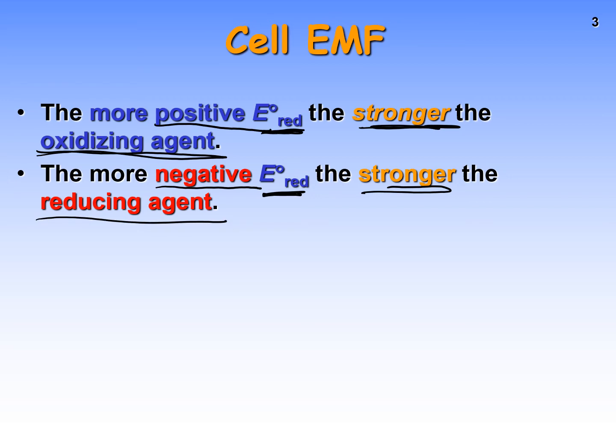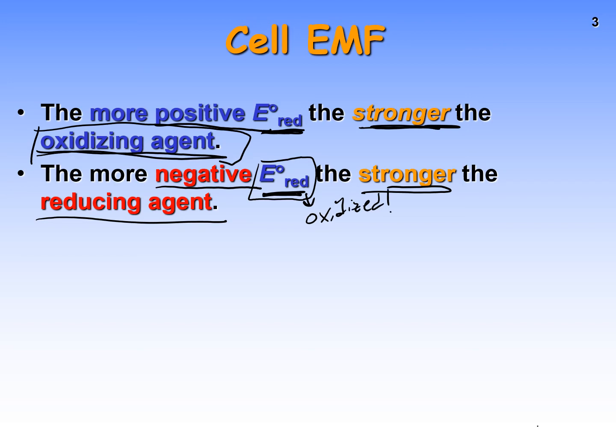In other words, as our reduction potentials become more positive, it is more likely that substance is going to be reduced rather than oxidized. Hence, oxidizing agent. Oxidizing agents are the thing that oxidizes something else. In other words, they are being reduced themselves. The more negative our reduction potential, the stronger the reducing agent, meaning the more likely this guy is going to be oxidized.